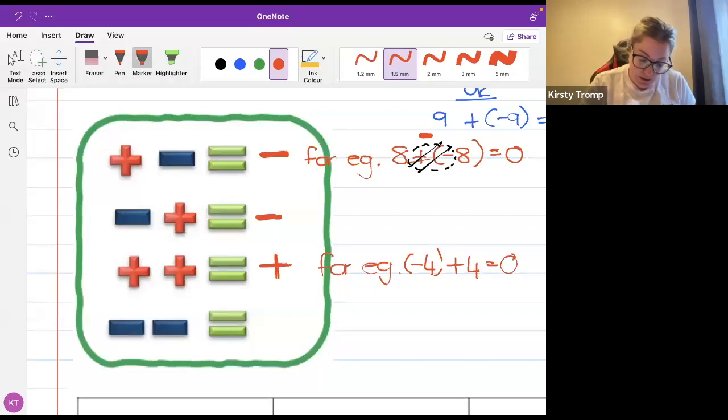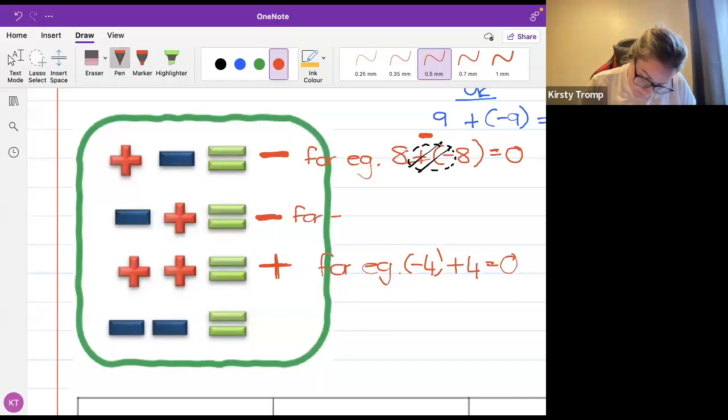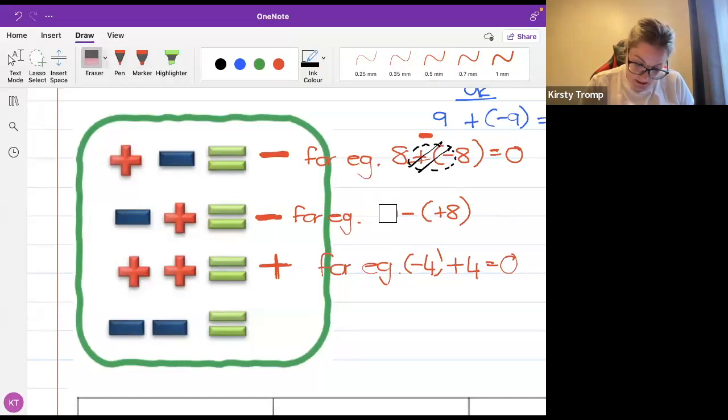So, for example, let's say it's 8 minus positive 8. So I've got 8 minus positive 8.